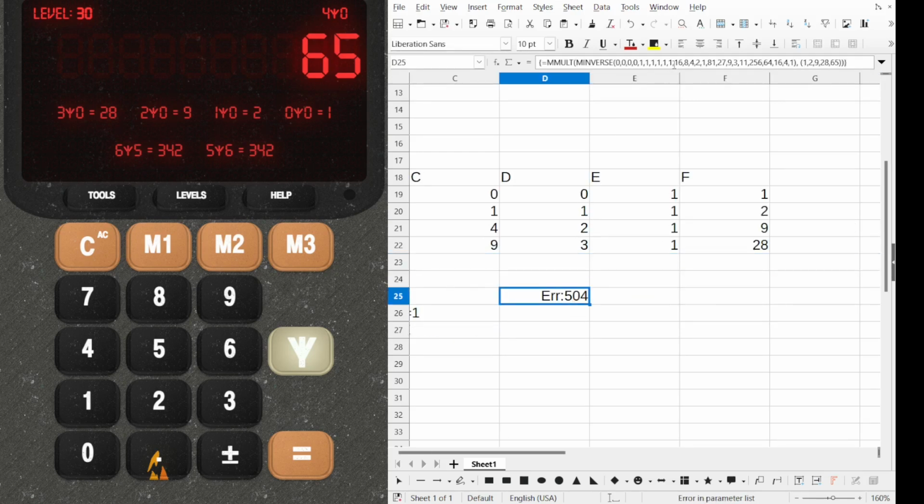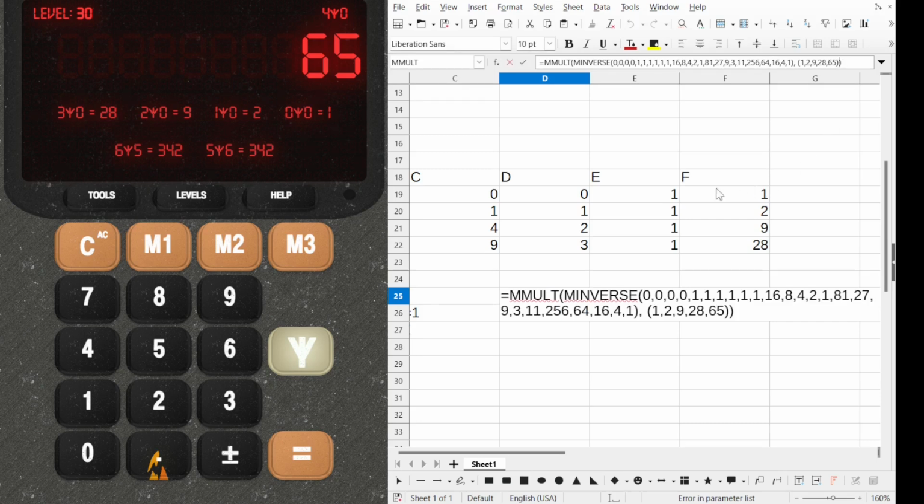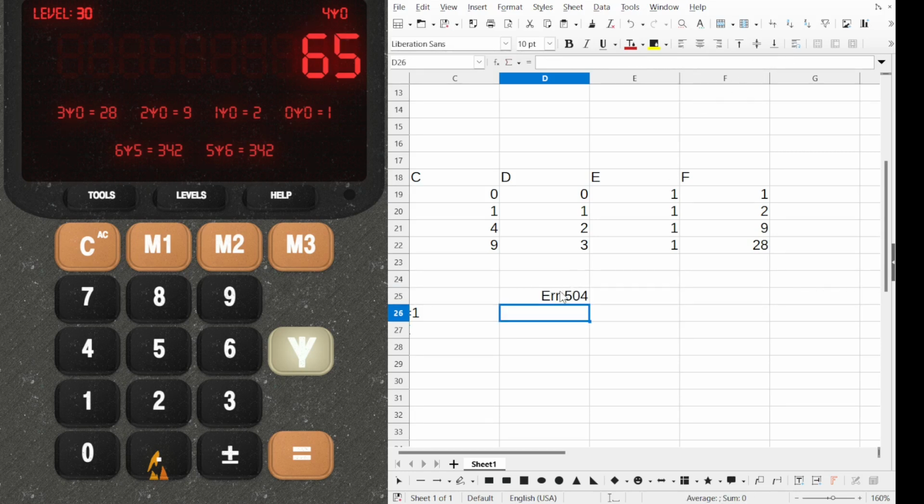This will also ease up the actual equation just a bit, and apparently it autocorrected even though I said it should not autocorrect. Alright, this one needs that, 16, 8, 4, 2, 1. We need this one, and it's still not working.